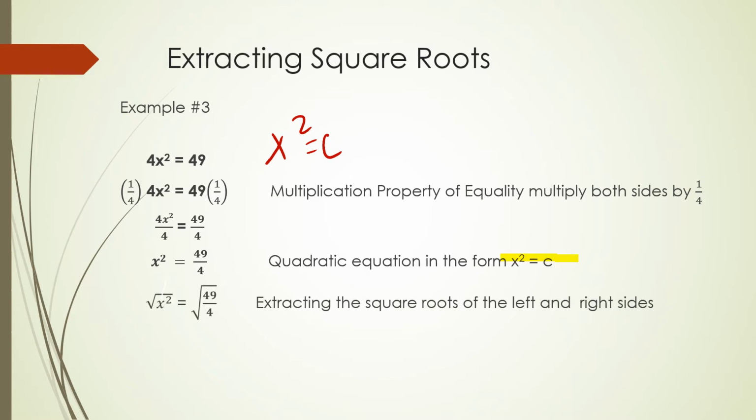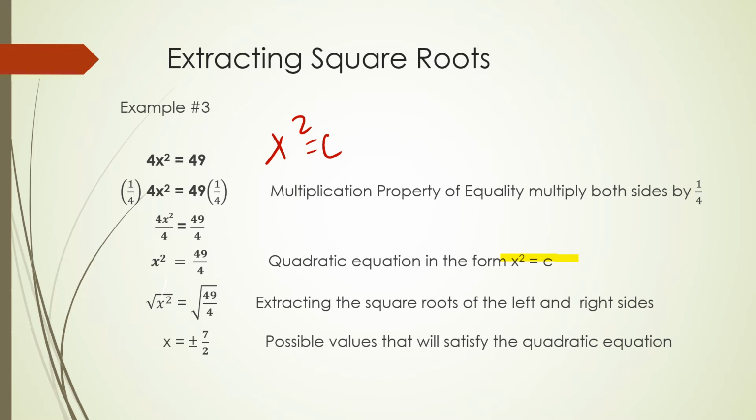Now, extract the square root of the left and right side. So, square root both sides. What is the square root of x squared? That is x. And the square root of 49, that is 7. And the square root of 4 is 2. Again, that is positive and negative 7 over 2.